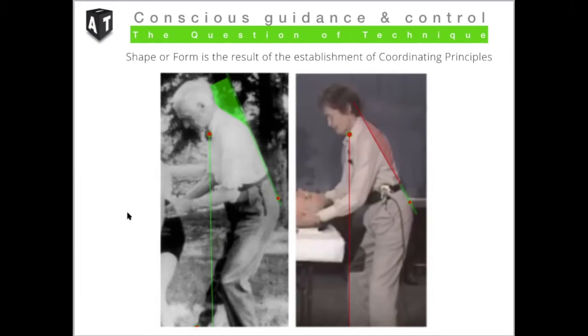Their experience counts, but their experience is different from F.M. Alexander's experience. So what is coordinating correctly? How could we make sense of this idea of coordinating correctly?